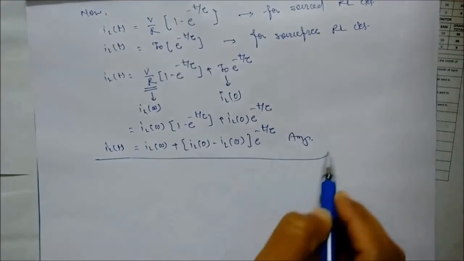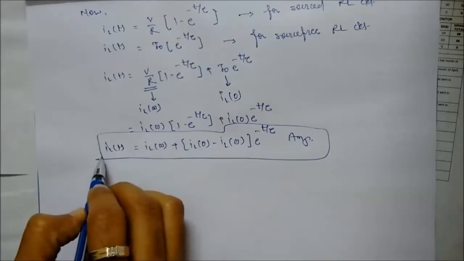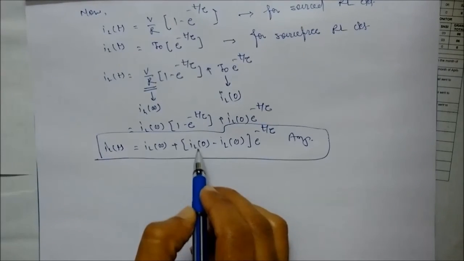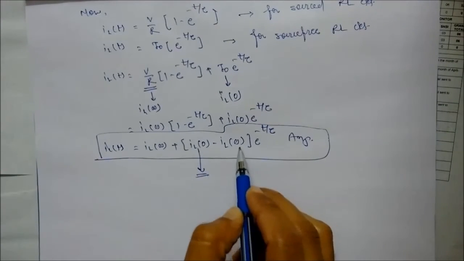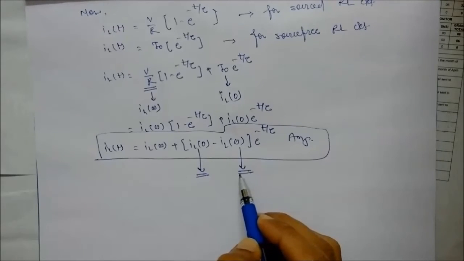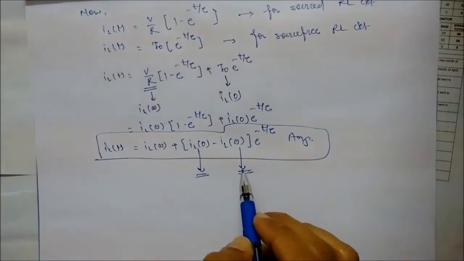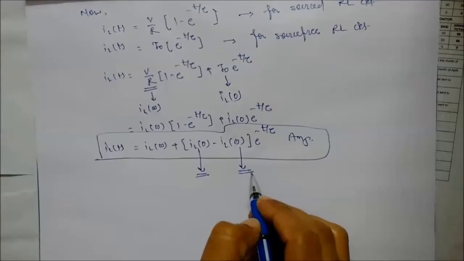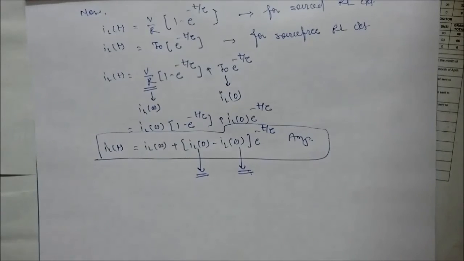This is the complete solution for an RL circuit in which the initial condition is given, as well as the RL circuit attains steady state condition. The RL circuit attains steady state at t is equal to infinity. Now, based on the derivations that we have seen, we will see some GATE numericals.